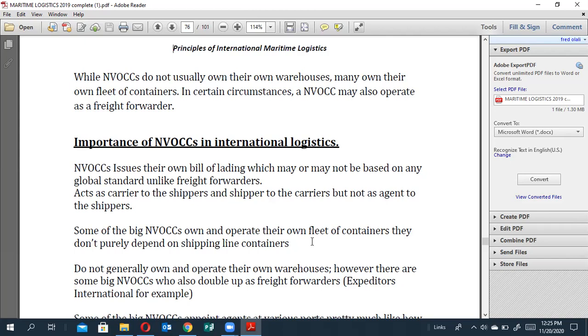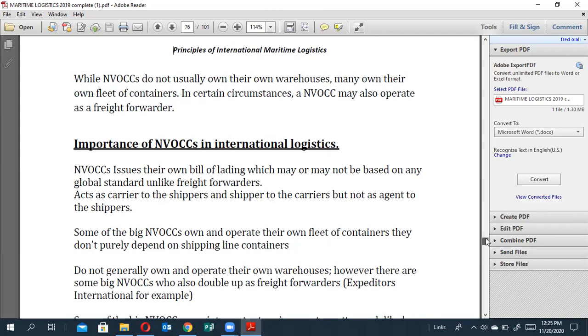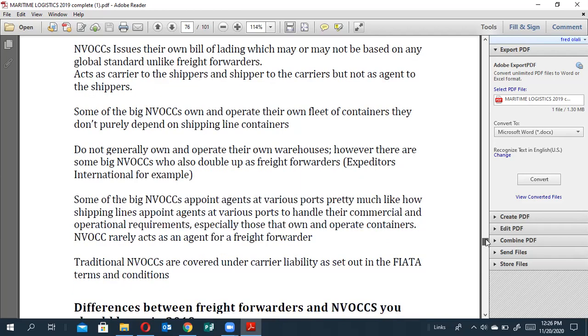Also, some of the big NVOCCs appoint agents at various ports, pretty much like how shipping lines appoint agents at various ports to handle their commercial and operational requirements, especially those that own and operate containers.